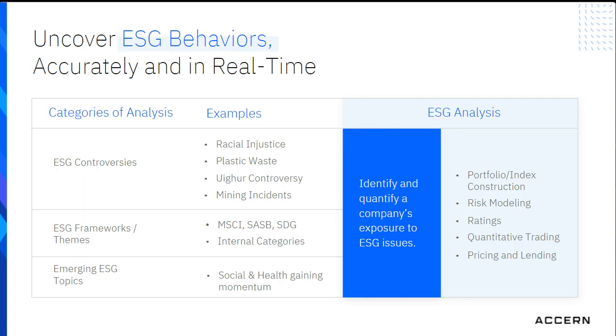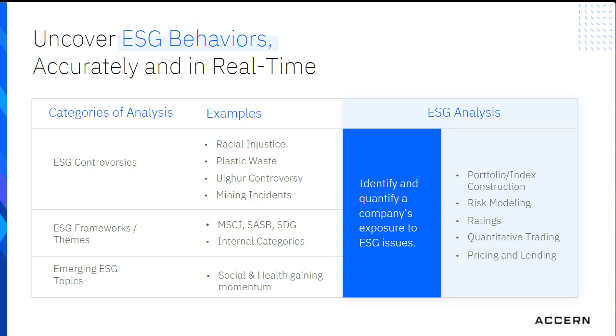So putting it all together, what Accern offers is a way for financial institutions as well as ESG offices to uncover ESG insights accurately and in real time. And these analyses, we look at them in these three broader segments. One is ESG controversies, that is around racial injustice, plastic waste, and so on.